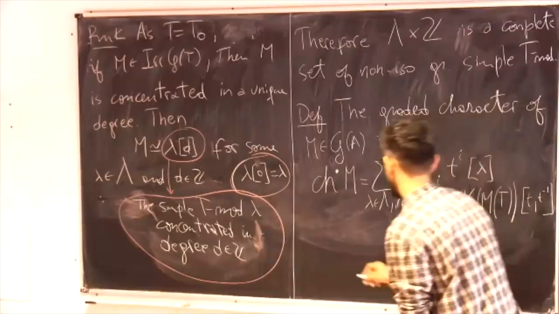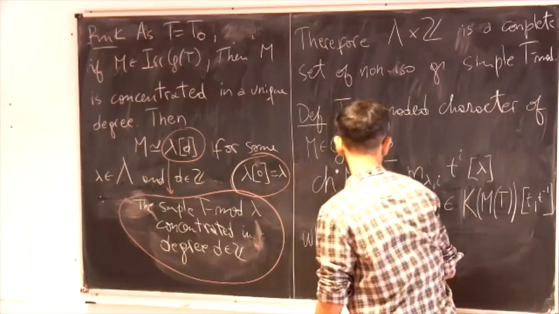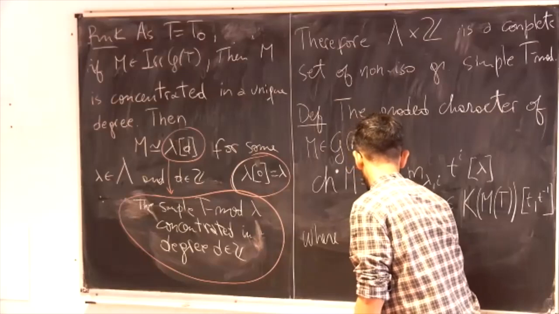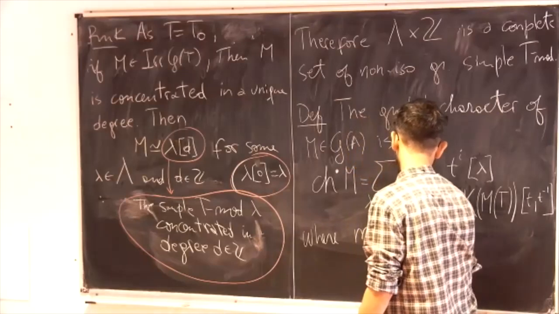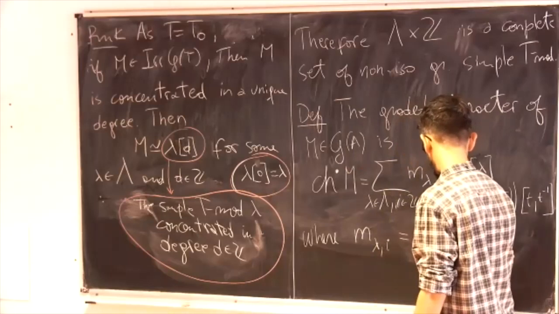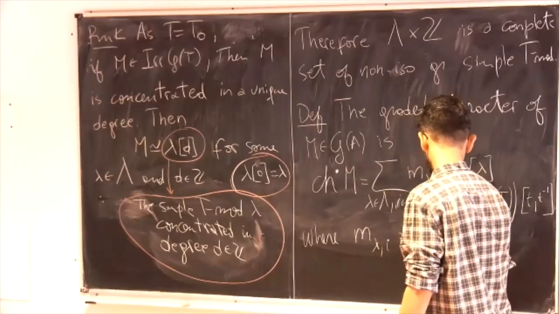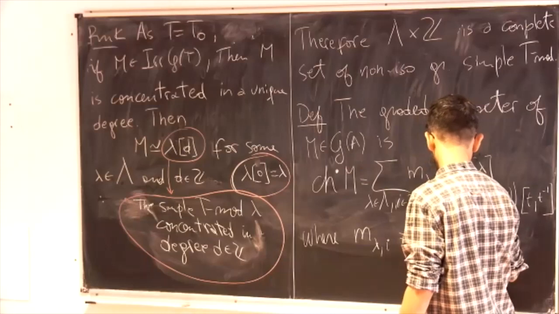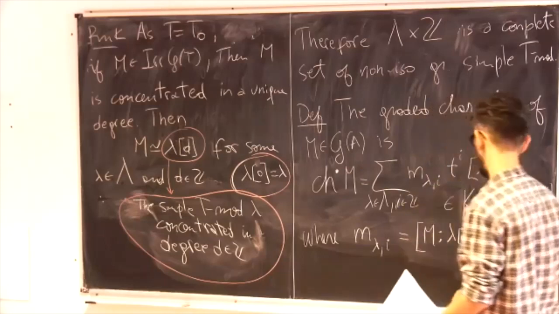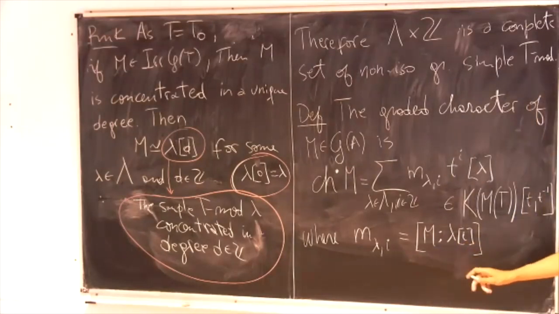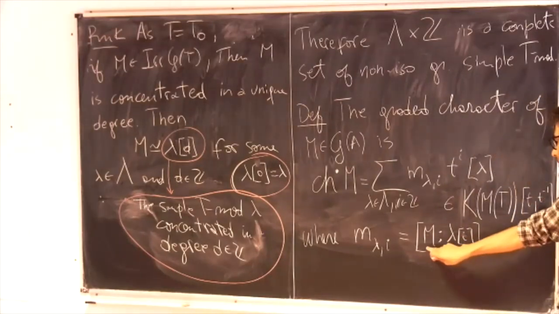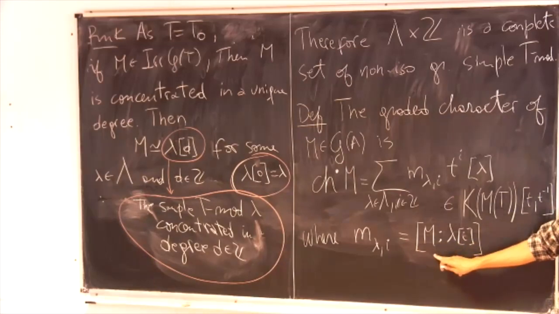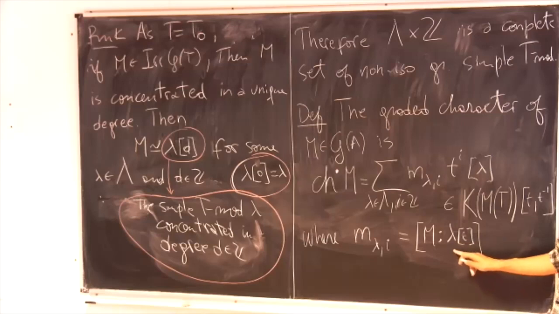So to be more precise, where m lambda e, this number is defined as above. It is the number of composition factors of M which are isomorphic to lambda in degree e. So this is in the category of graded T modules.